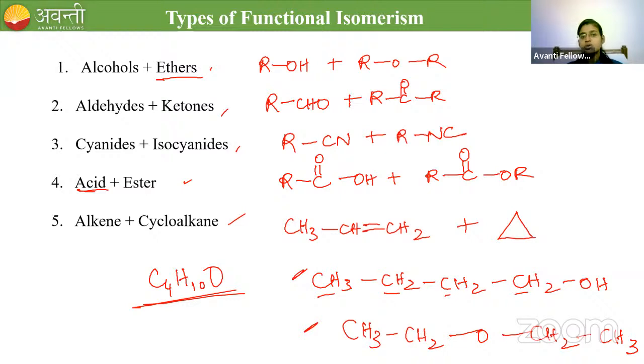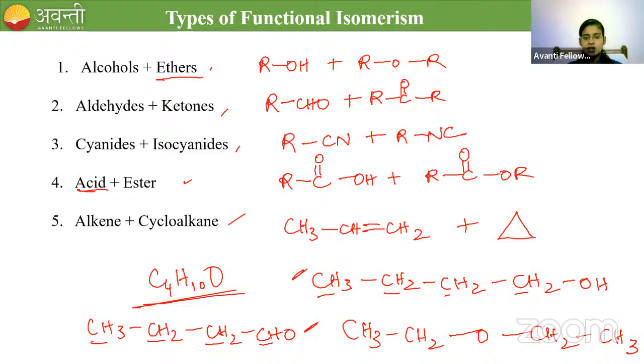If you try to draw the structure of aldehyde or ketone, you will not end up with the correct formula. So let me try with 4 carbon containing aldehyde, you see. So CH3, CH2, CH2, CHO. So this is a 4 carbon containing aldehyde, right? So we have 4 carbon.